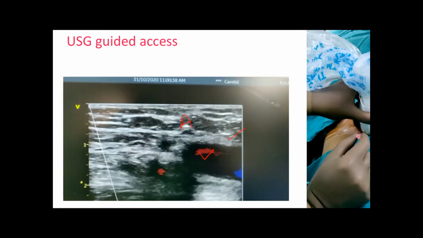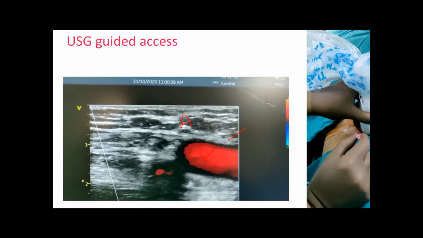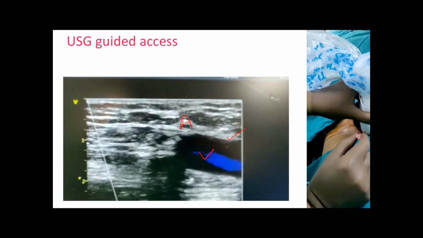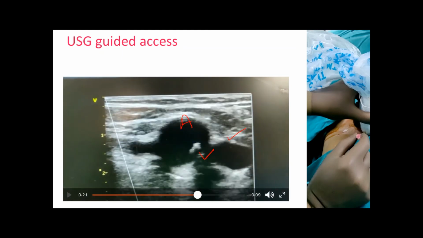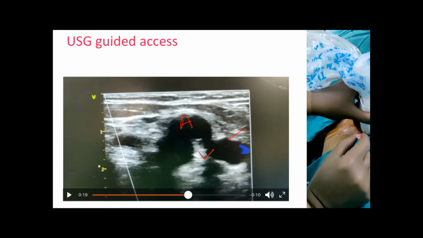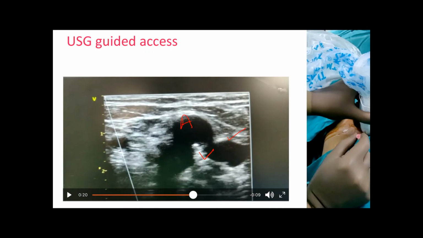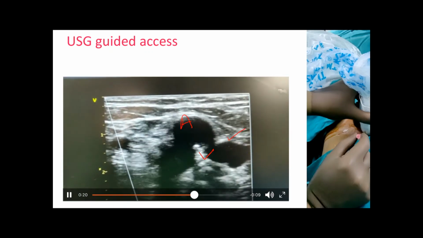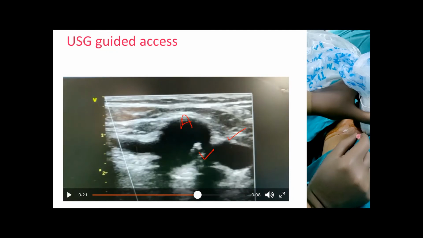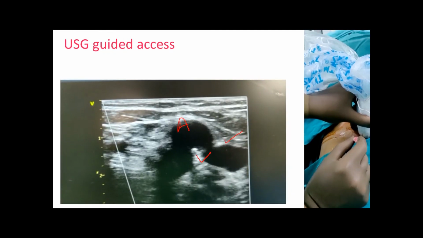You see here, so it's getting compressed. The upper one is the artery, and this is the area of your bifurcation area. So you have SFA.